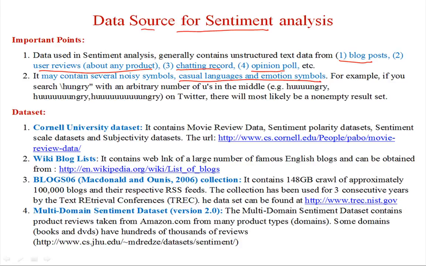For example, hungry may be written in many different ways on Twitter. This makes reading and analysis of such data more difficult than traditional text documents or text libraries. Some available datasets are the Cornell University dataset, Wikiblog dataset, Wikiblog list, Blogs06, and multi-domain sentiment dataset version 2.0.